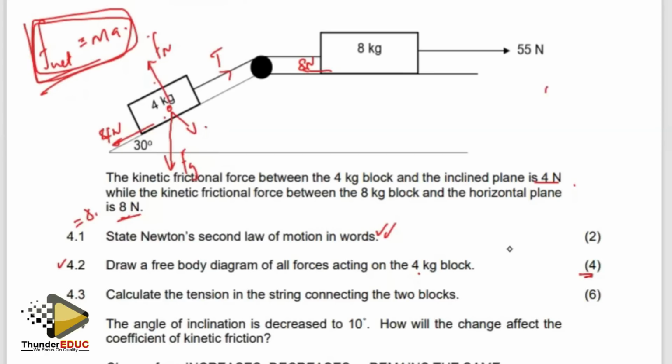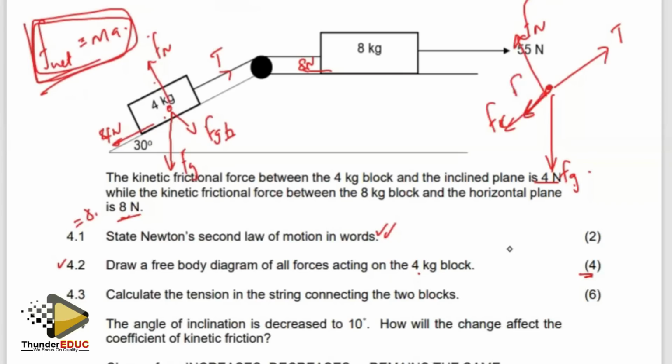So if I'm to draw that separately, I'll have this as my tension, my friction, which is Fk. This is the normal force, Fn. I have my Fg, or my weight. Okay, can put this as the Fg perpendicular, but then we're also going to have another force downwards, which is the Fg parallel.